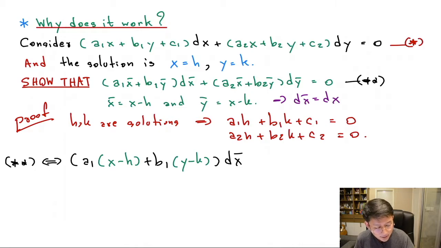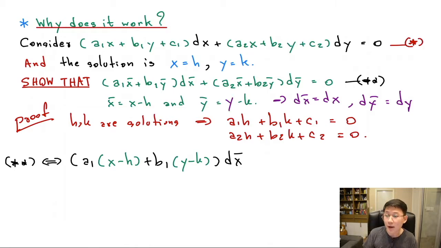Similarly, y bar is y minus k, and dy bar is actually dy. Is that cool? So here I'll just write dx.